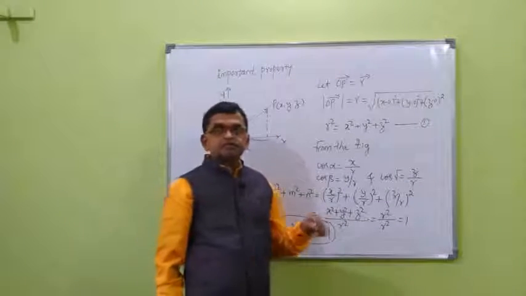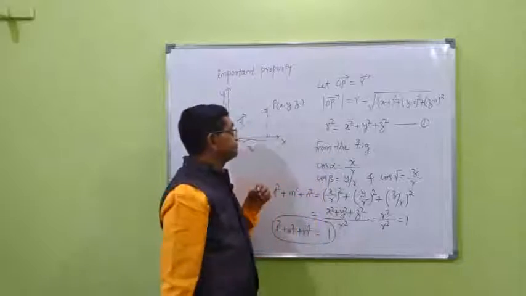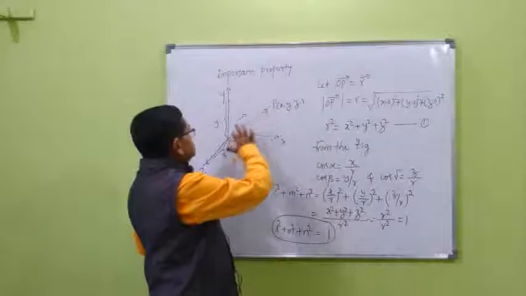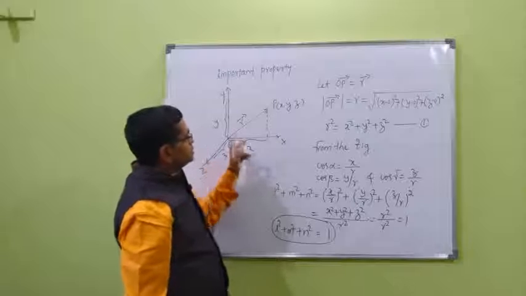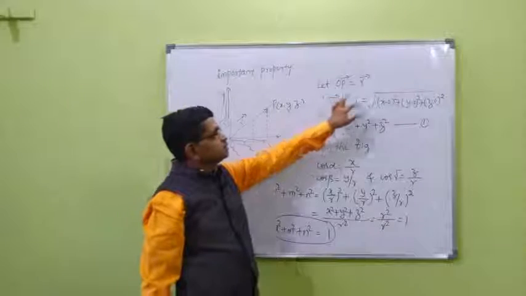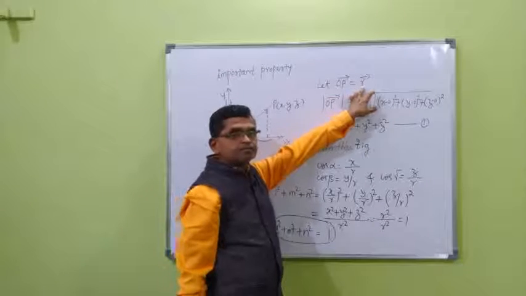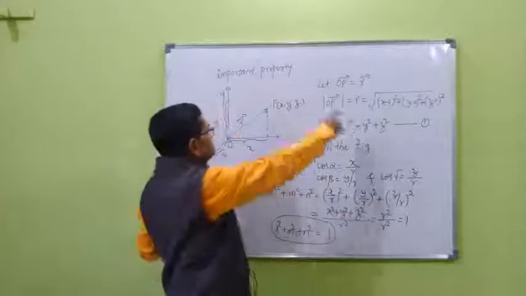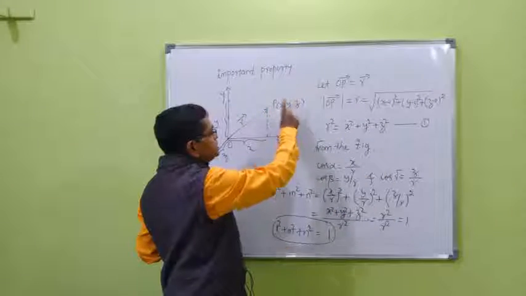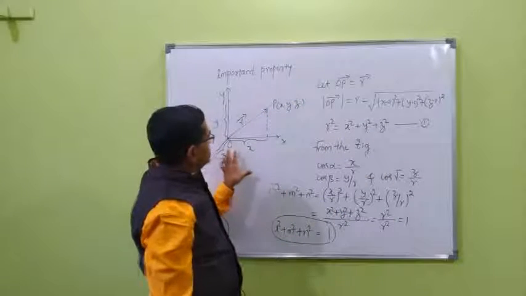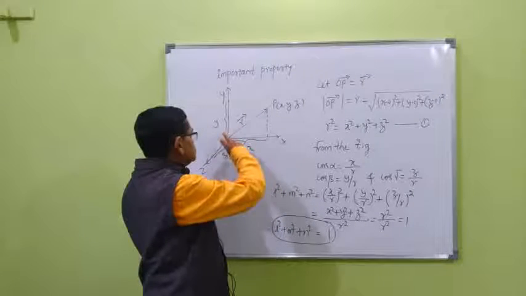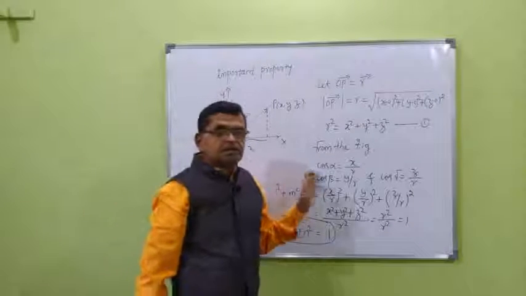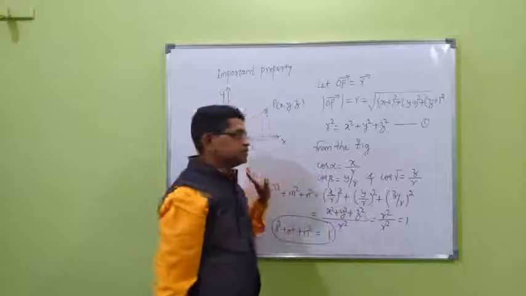Let us consider one of the important properties. Suppose OP is the directed line segment. The vector OP is say R, and this is the point x, y, z, and it makes angles alpha, beta and gamma with the x, y, z axes respectively.